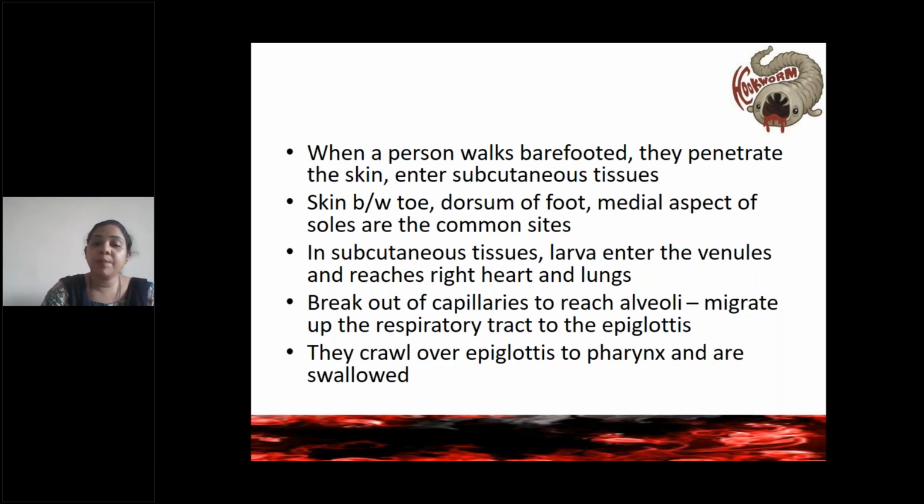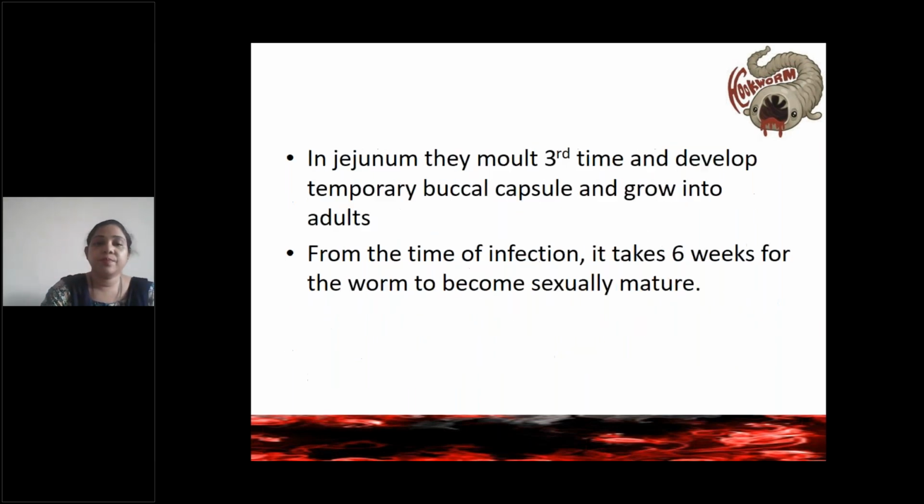They crawl over the epiglottis through the pharynx and are then swallowed. When swallowed, in the jejunum they molt a third time and develop a temporary buccal cavity and grow into adults. From the time of infection till they become sexually mature, it will take about 6 weeks.